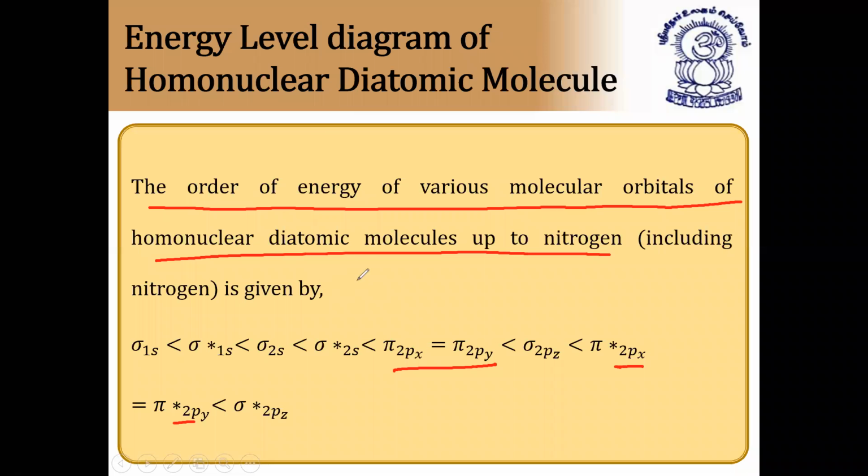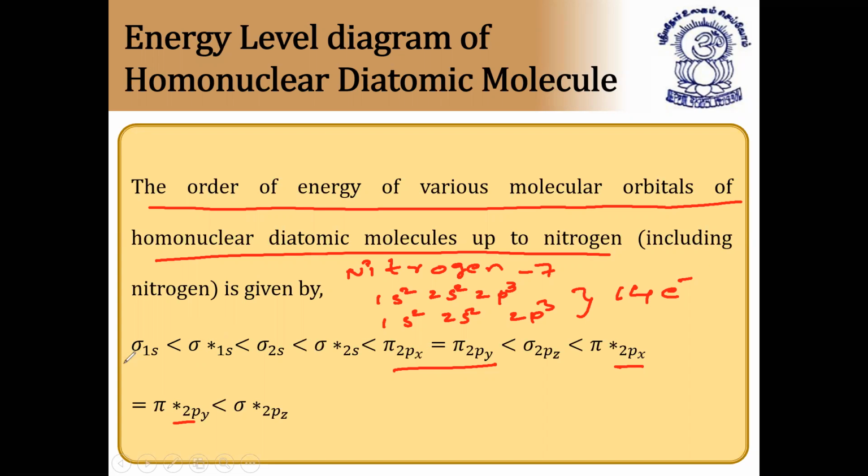Nitrogen atomic number is 7. So for two nitrogens, first we have 1s2, 2s2, 2p3, and the second nitrogen also 1s2, 2s2, 2p3. Total there are 14 electrons. In the nitrogen molecule there are a total of 14 electrons.